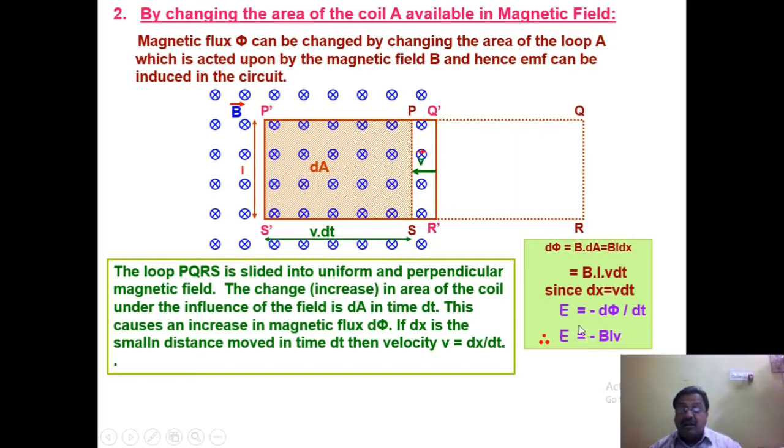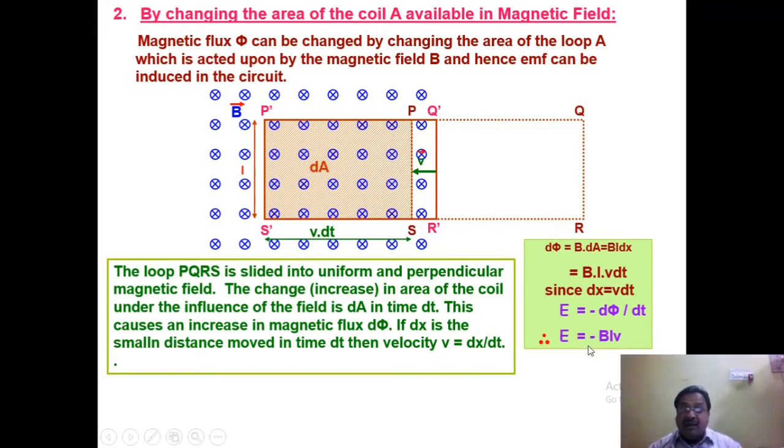According to Faraday's law, the induced EMF E is the negative rate of change of magnetic flux linked with the circuit, and since d phi by dt equals BLV, the induced EMF equals minus BLV.